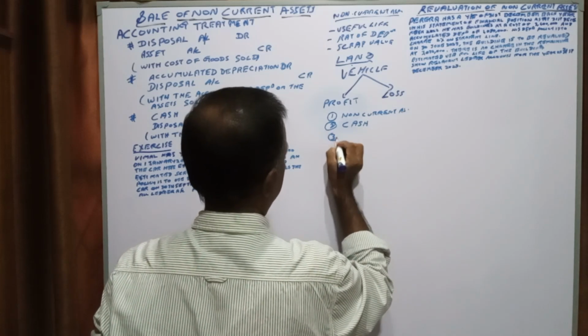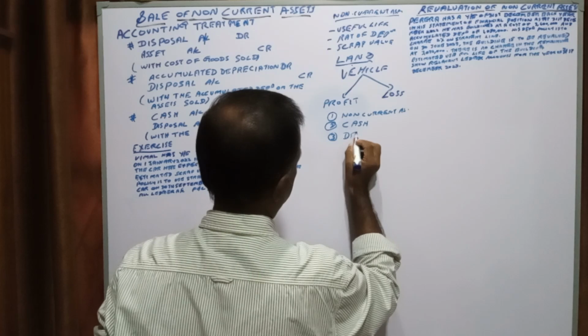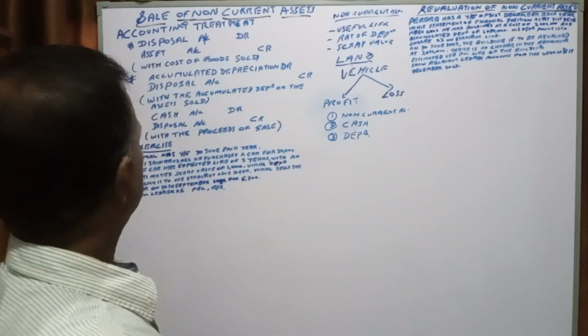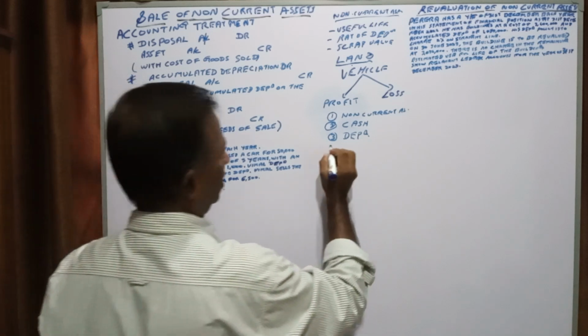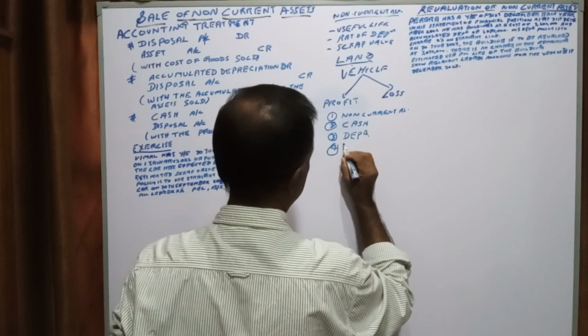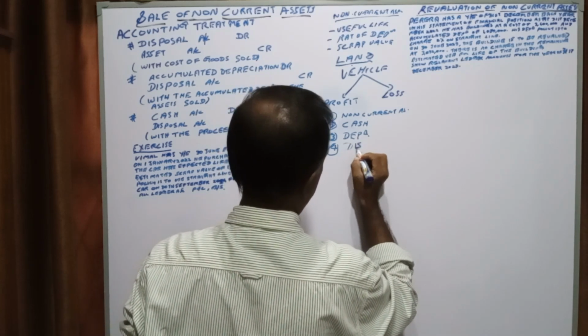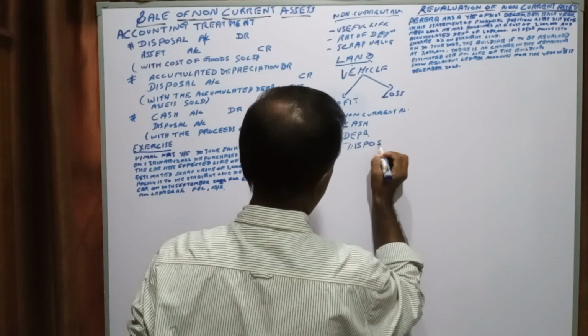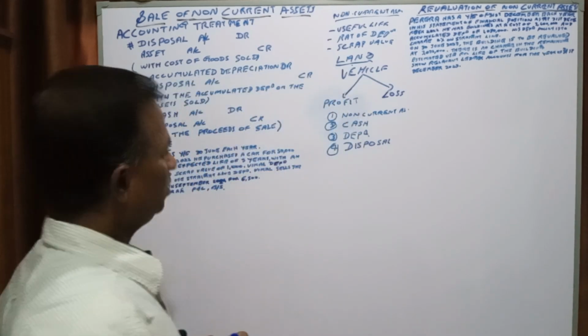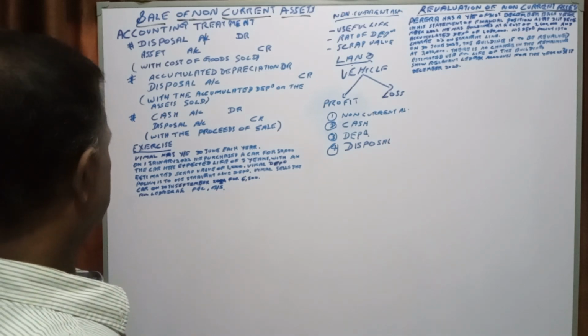Number three is the depreciation account. Can you understand? And number four, very much important, is the disposal account. These four accounts are involved.